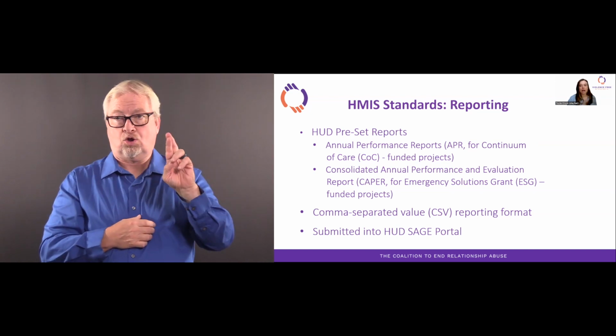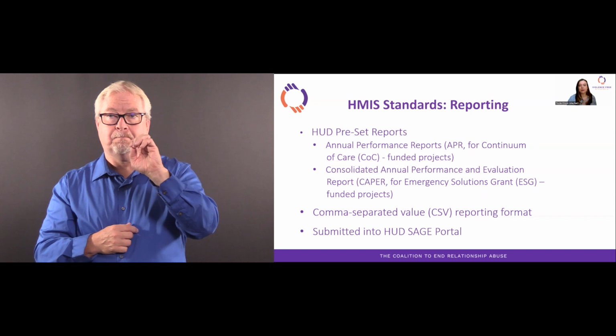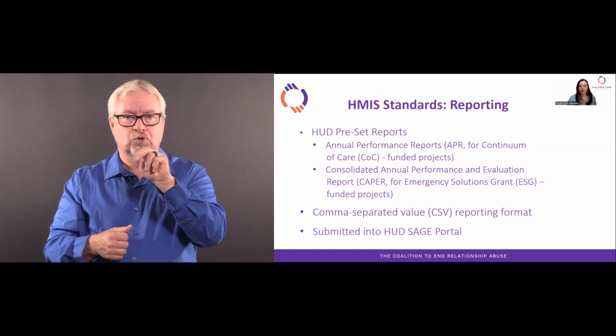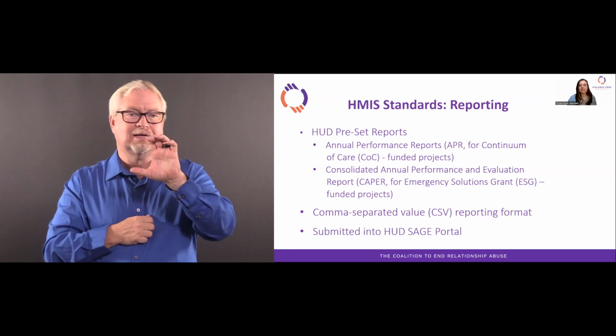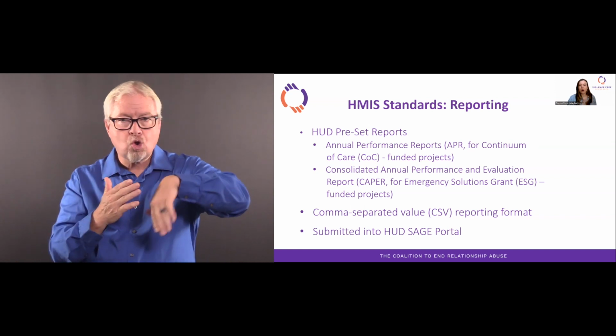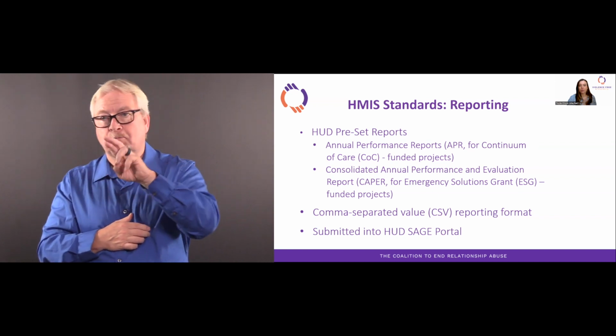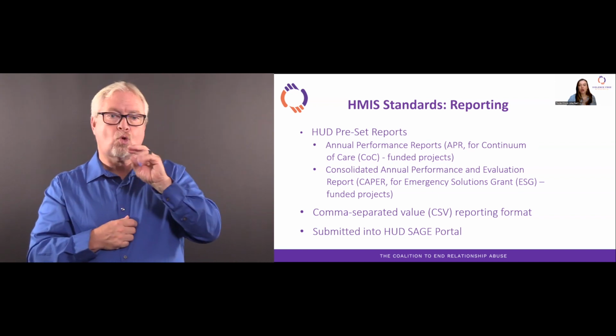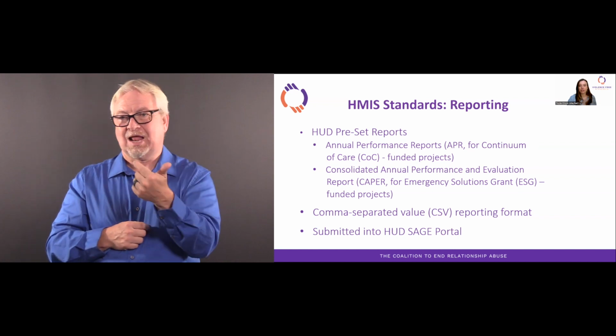Additionally, APR and the CAPER reports must be generated in a comma-separated value format, referred to as CSV. All APR and CAPER reports must be submitted to HUD through an electronic portal called SAGE.